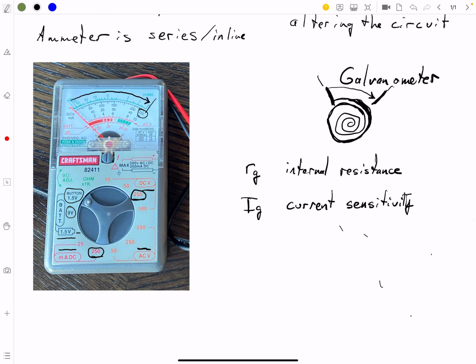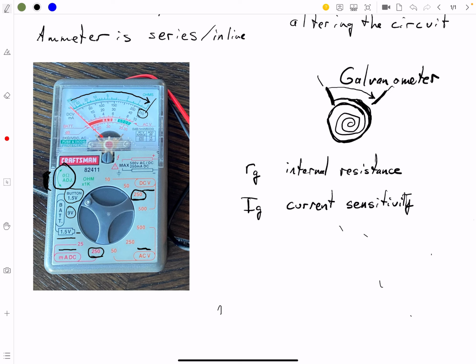I don't know if you guys can see on this, but right here and over here, there's a little dial that I can adjust and make it such that the ohms are 0.